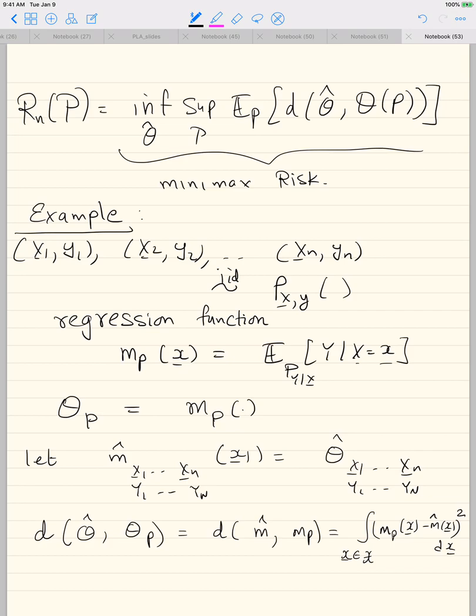I compute the pointwise difference between the estimate and the true value, and then integrate out the square. So this is my distance function. And what we are interested in, the minimax risk, would in this case be inf over m hat, sup over P, of the expected value under P of this quantity.